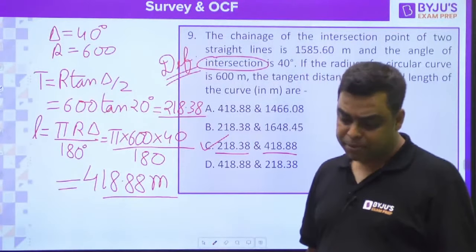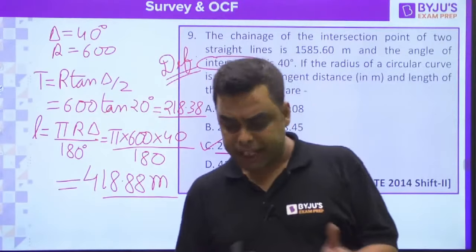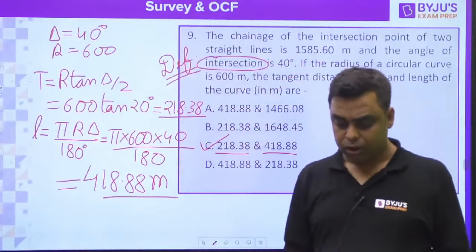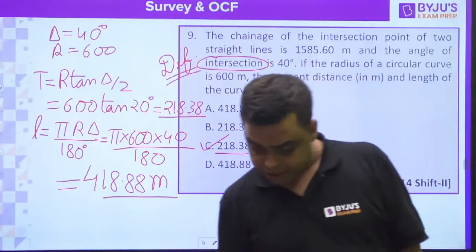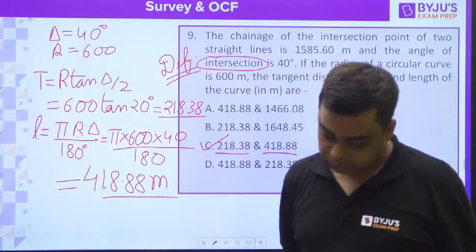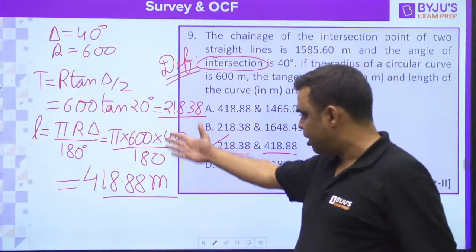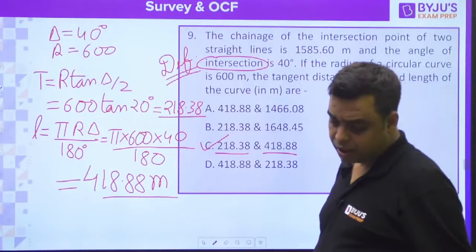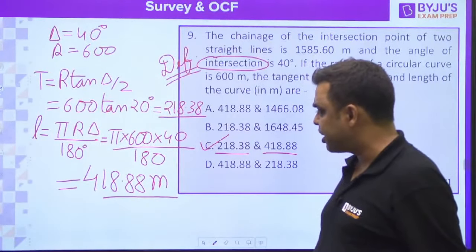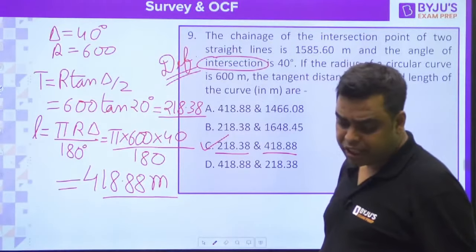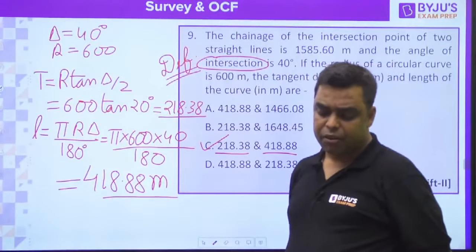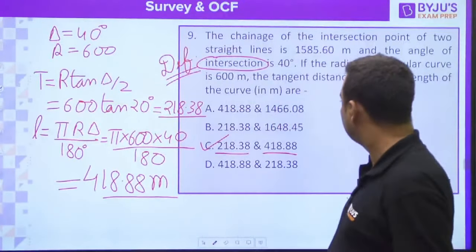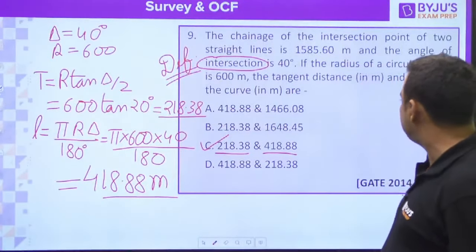So I guess there is no doubt with this. The conversion to radian, pi by 180, we have already done it. Delta we have kept in degrees. Who told angle is in radian?